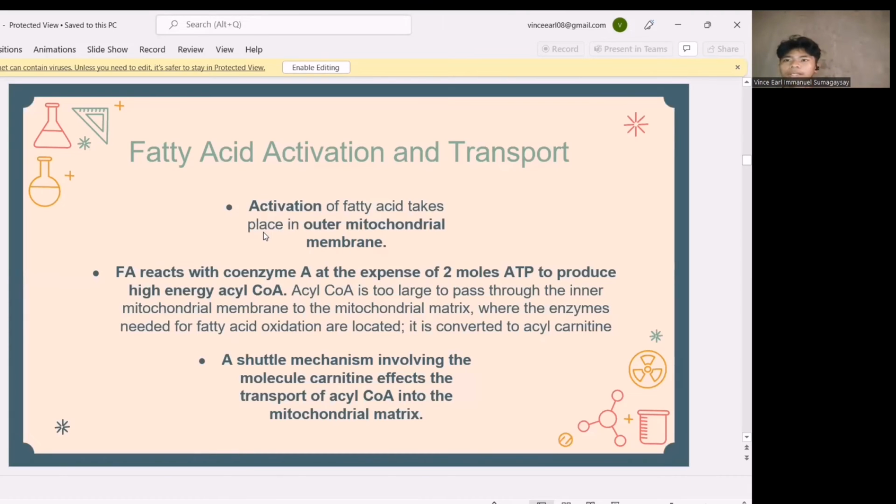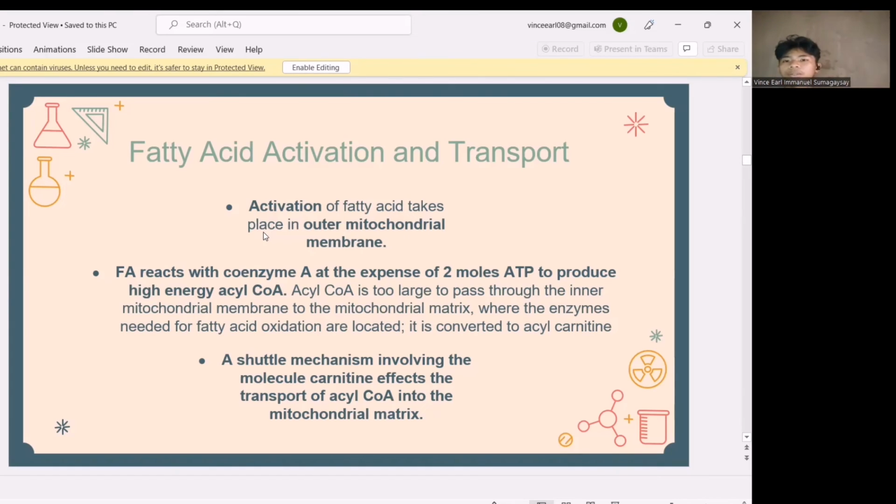For the fatty acid activation and transport: activation of fatty acid takes place in the outer mitochondrial membrane. The fatty acid reacts with coenzyme A at the expense of 2 moles of ATP to produce high-energy acyl coenzyme A. Acyl CoA is too large to pass through the inner mitochondrial membrane to the mitochondrial matrix, where the enzymes needed for fatty acid oxidation are located.